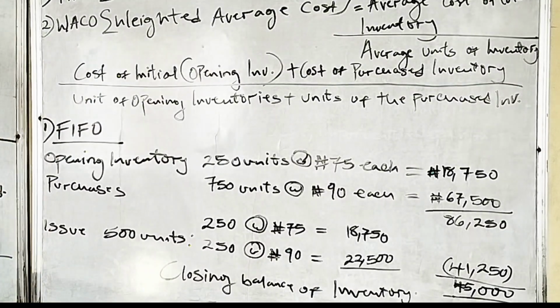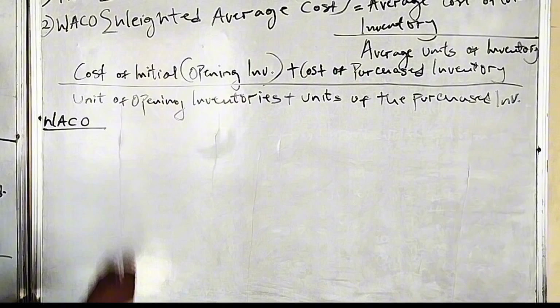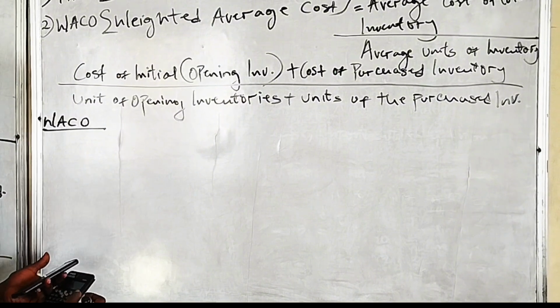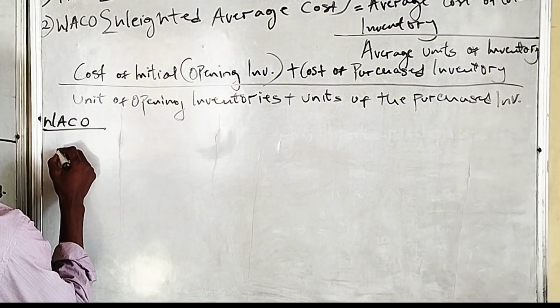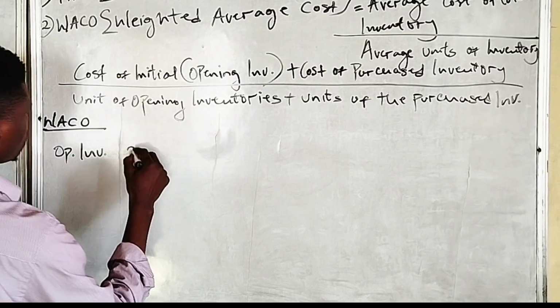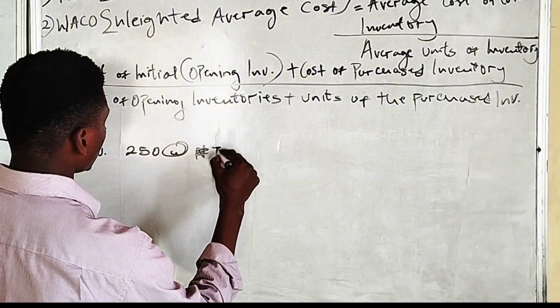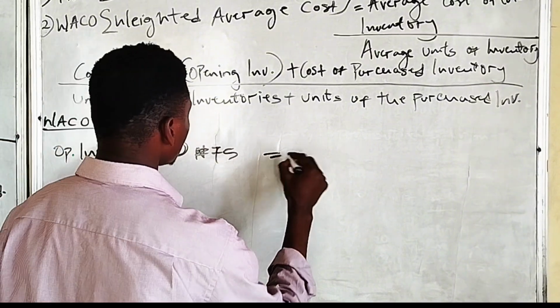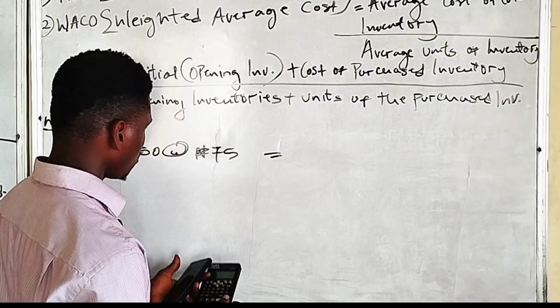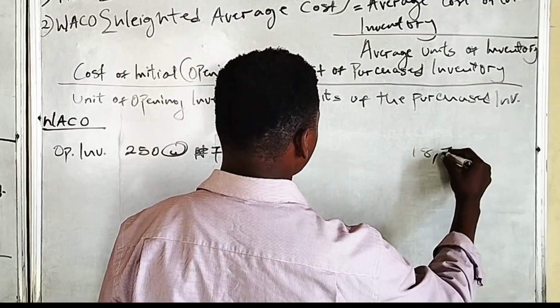So if the weighted average cost method is used, we have opening inventory of 250 at 75 naira, which gave us a total of 18,750.